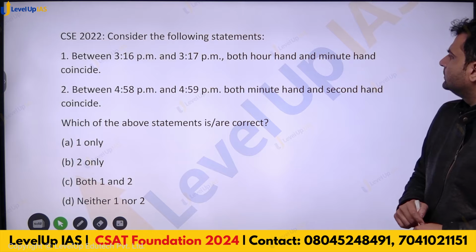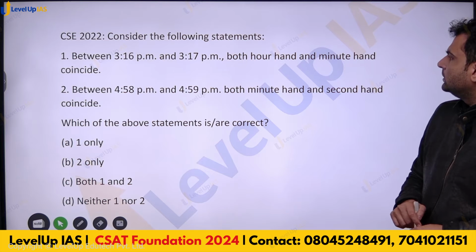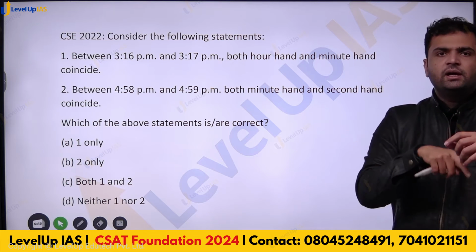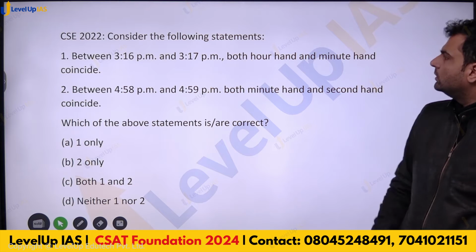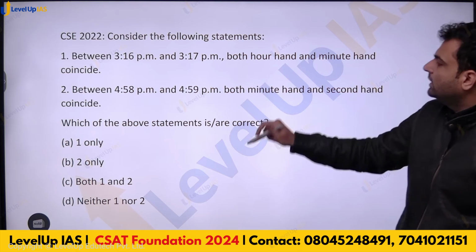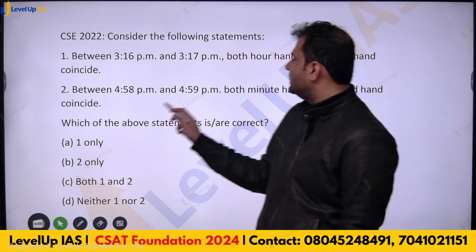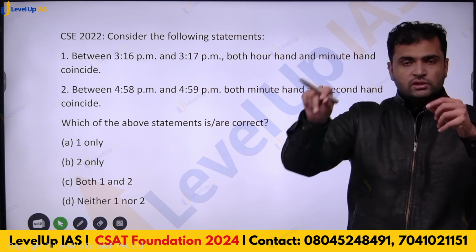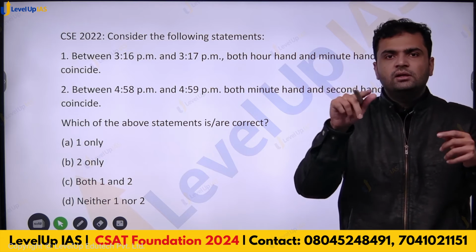And that will happen every hour, because the minute hand covers the entire circle. We are talking about the minute hand and hour hand. Sorry, we are not talking about the second hand. The second hand covers the entire circle in 1 minute.